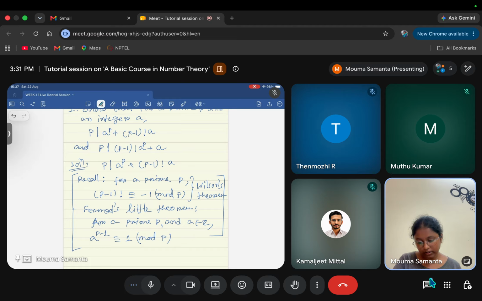Now, which theorem should I use to get a power p congruent to something mod p? This is Fermat's little theorem, because it says for any integer a we have a power p minus 1 congruent to 1 mod p.